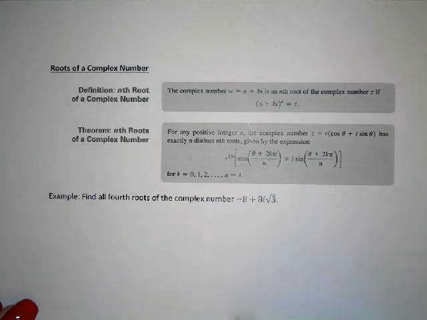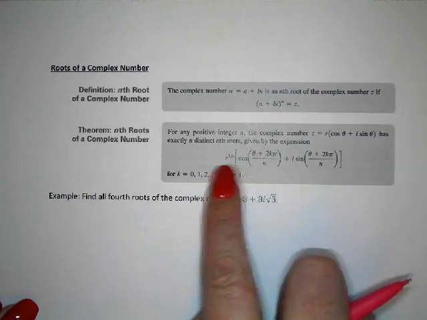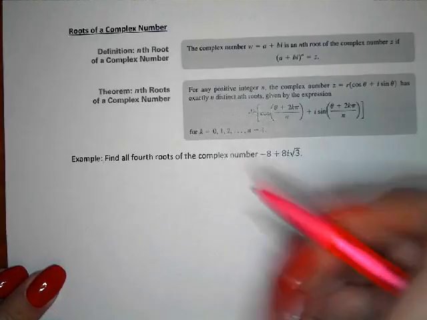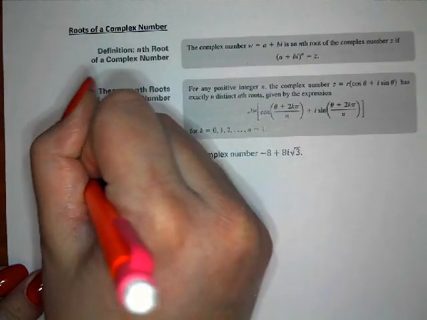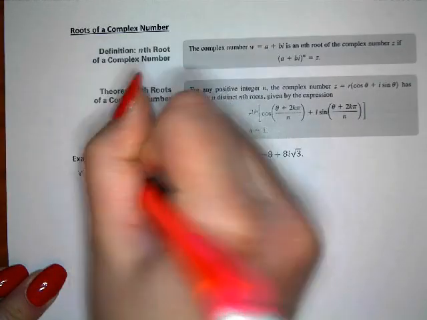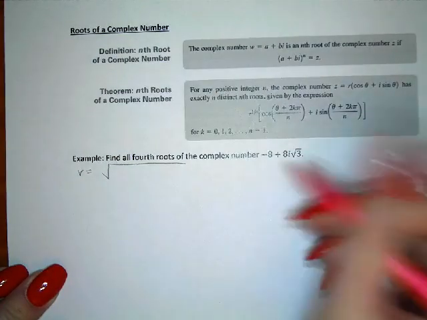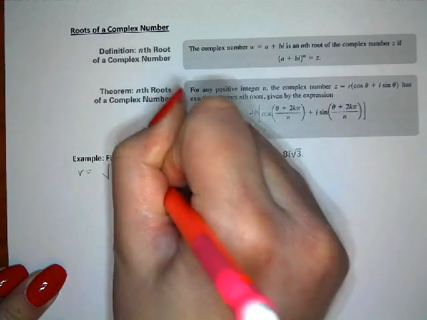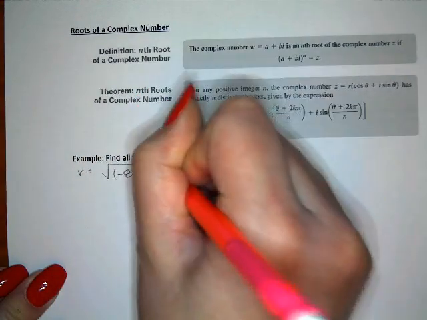So the first thing we're going to do is convert this into that trig form. So I'm going to find the modulus first. r equals the square root of -8 squared plus 8 square root 3 squared.